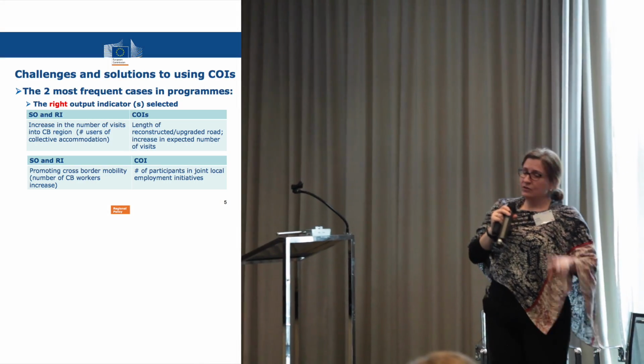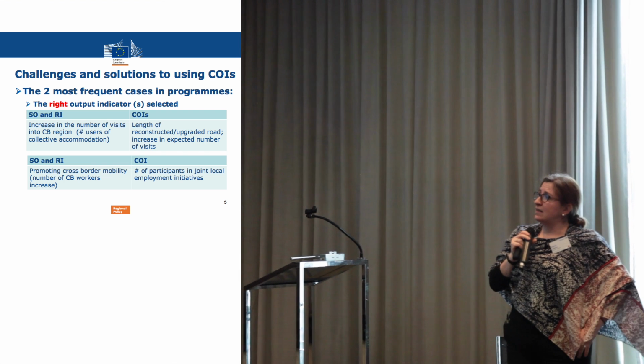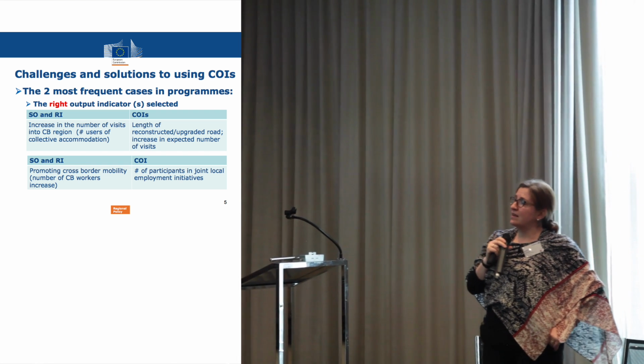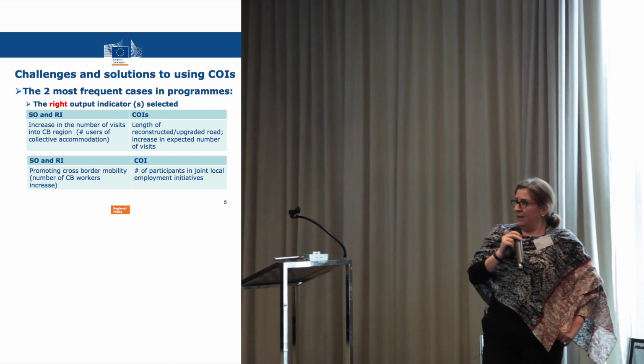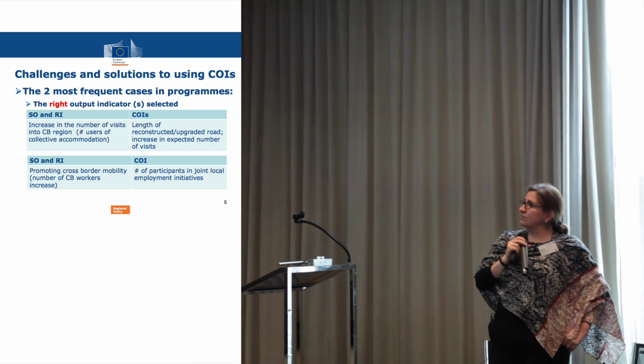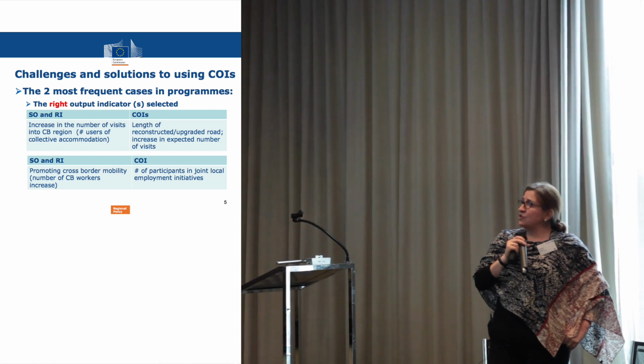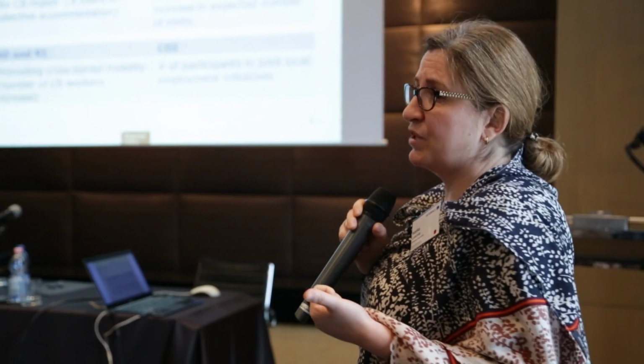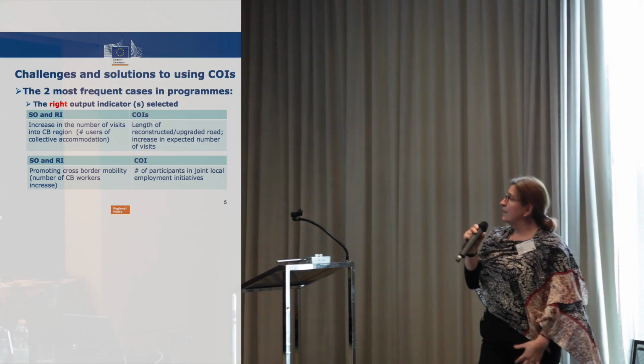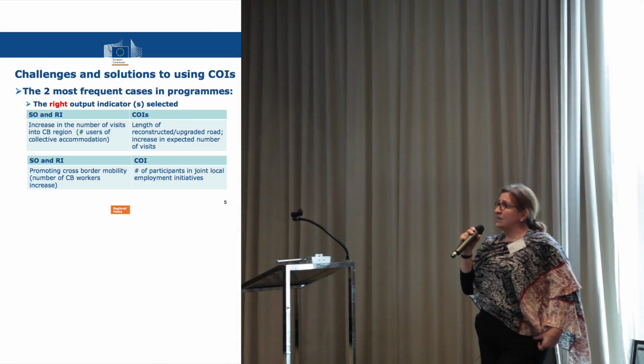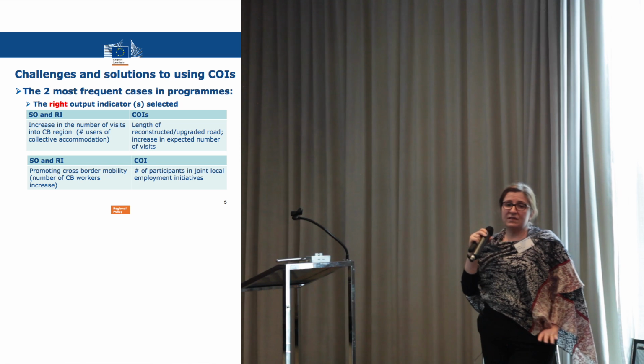So the first option is that the right indicator is selected, and the examples are very telling. Increase in the number of visits, measured by length of reconstructed road, because that's maybe the reason why nobody was going to this wonderful nature site, and measured by the increase in expected number of visits.